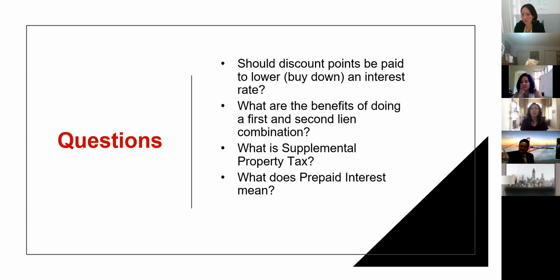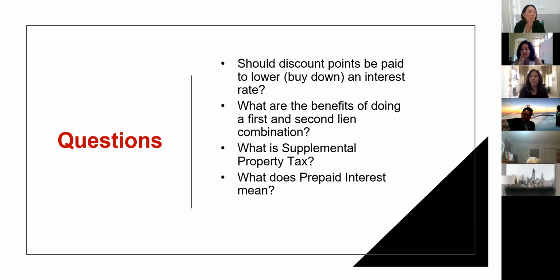So when we do loans here, we don't give credits outside of escrow. Everything is on the paperwork, on the closing disclosure, and on the final statement. Meaning, if the client pays 1 point to get the very low rate, then there is no lender credit at all, because lender credits only kick in when the rate is high.